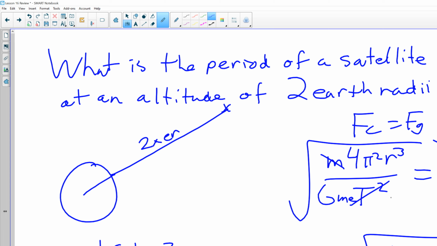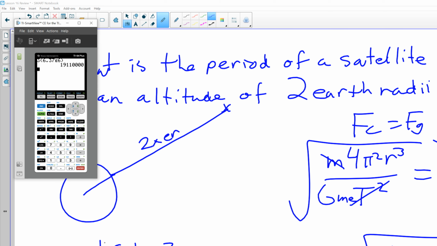All right, so when I punch all of that into my calculator: square root, bracket, 4 pi squared, 1.911 times 10 to the 7, cubed, divided by... oh no. Struggling here. 5.98 times 10 to the 24.